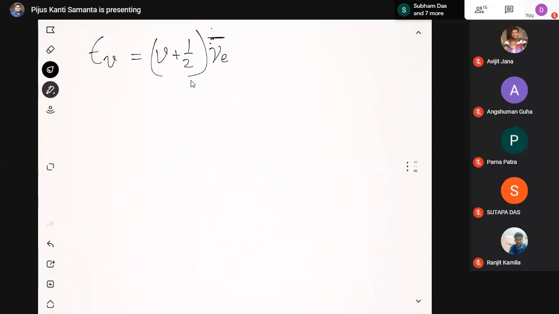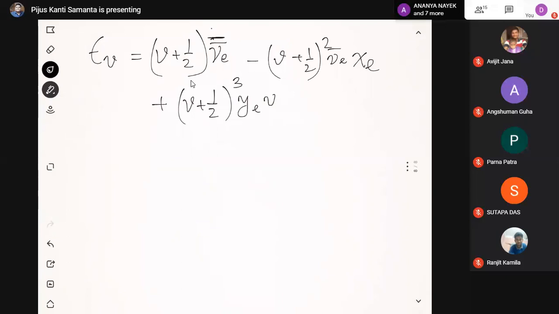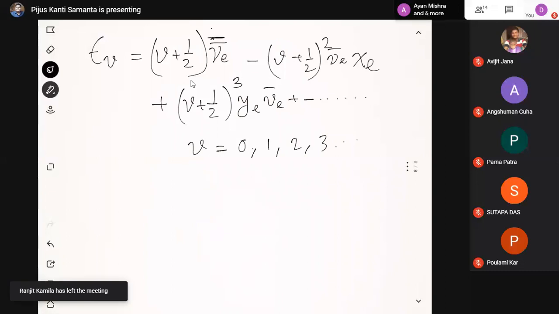The factors will be (v plus half) squared times nu-bar times chi e, and there will be another term like (v plus half) cubed times y e nu-bar, and so on and so forth, where v runs from 0, 1, 2, 3, and so on. So this is the case of the anharmonic oscillator under the Morse condition.